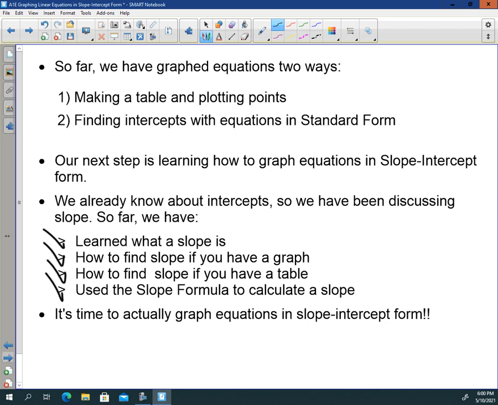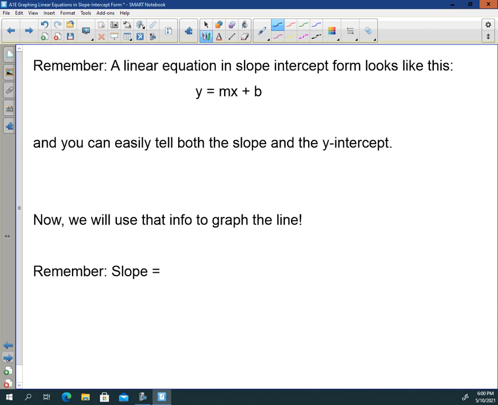But now, friends, it's time to actually graph equations in slope-intercept form, and here's how you do it. So a linear equation in slope-intercept form looks like this: y equals mx plus b. And it's called slope-intercept form because you can easily tell both the slope and the y-intercept.